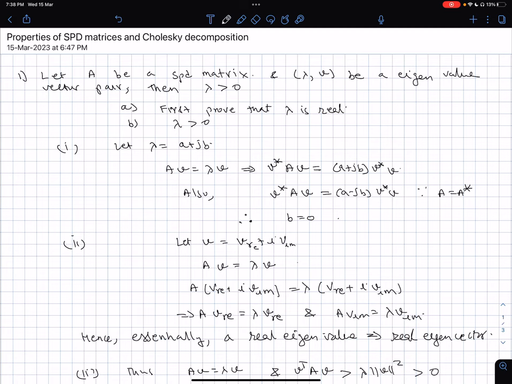I will just focus on developing the Cholesky decomposition, because there are many other characterizations of positive definite matrices, but those are really not very useful computationally, though you see them in textbooks a lot. But if you really want to check whether a matrix is positive definite or not, you should actually see whether you can complete the Cholesky decomposition of the matrix, which is basically asking, can I write the matrix A as R transpose R, where R is an upper triangular matrix, just like what we had got in QR decomposition.